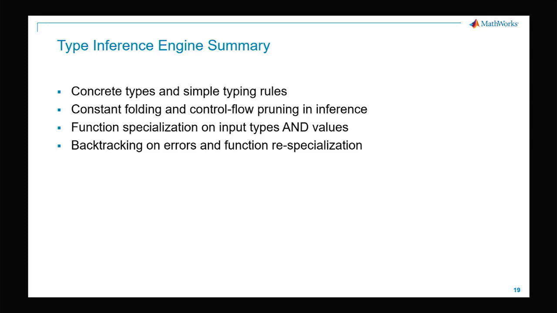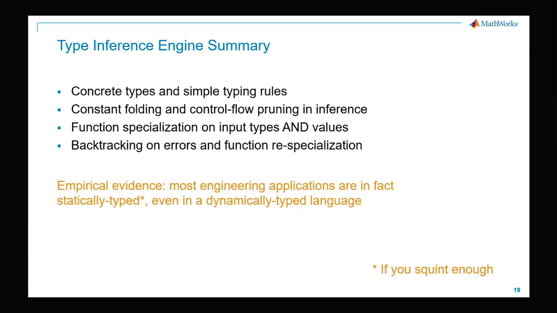Essentially, this is like a trial and error approach and backtracking. And I think the empirical evidence we got is that for the kinds of applications that people use MATLAB for, like heavy number crunching with some amount of scaffolding code around it, this works. This works better than we would have expected. So we say that you write programs in a dynamically typed language. Well, you really write a statically typed program if you look at it at a proper angle.